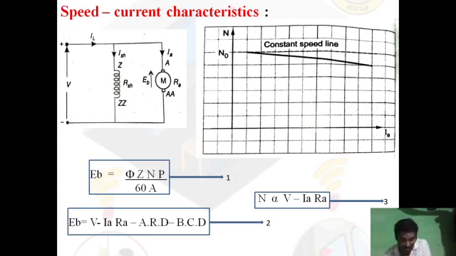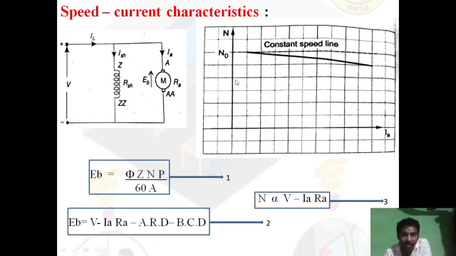Here also we have to search for a mathematical expression between speed and current. Here also it is called speed current or speed load characteristics. It is also called electrical characteristics. It will come under the electrical characteristics because the electrical parameters are present.